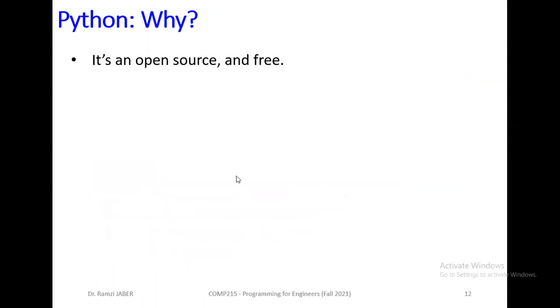Also, it's an open source programming language. It's free, not like other programming languages such as Microsoft Visual C++, Visual Basic, ASP, and so on. So it's a free programming language.